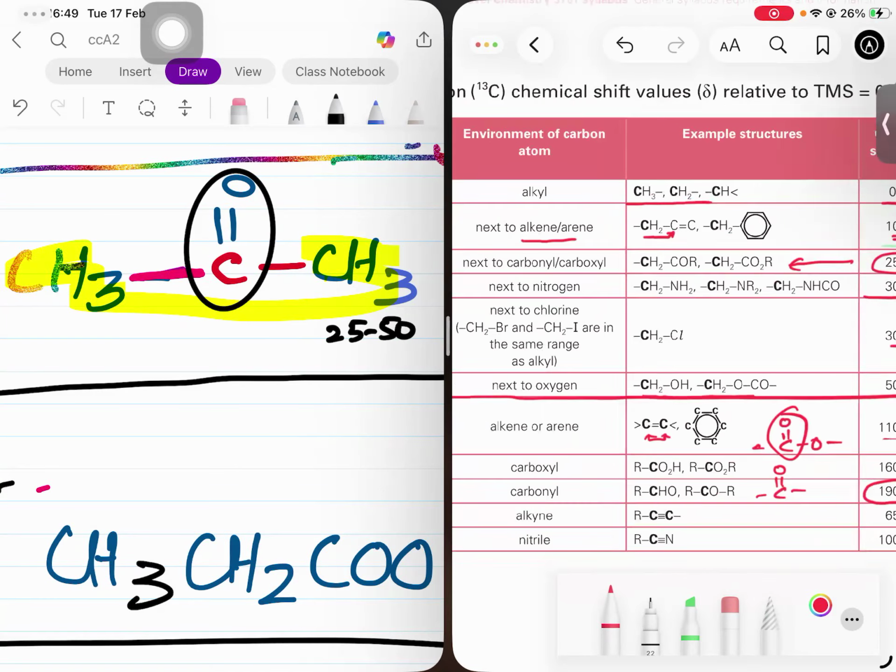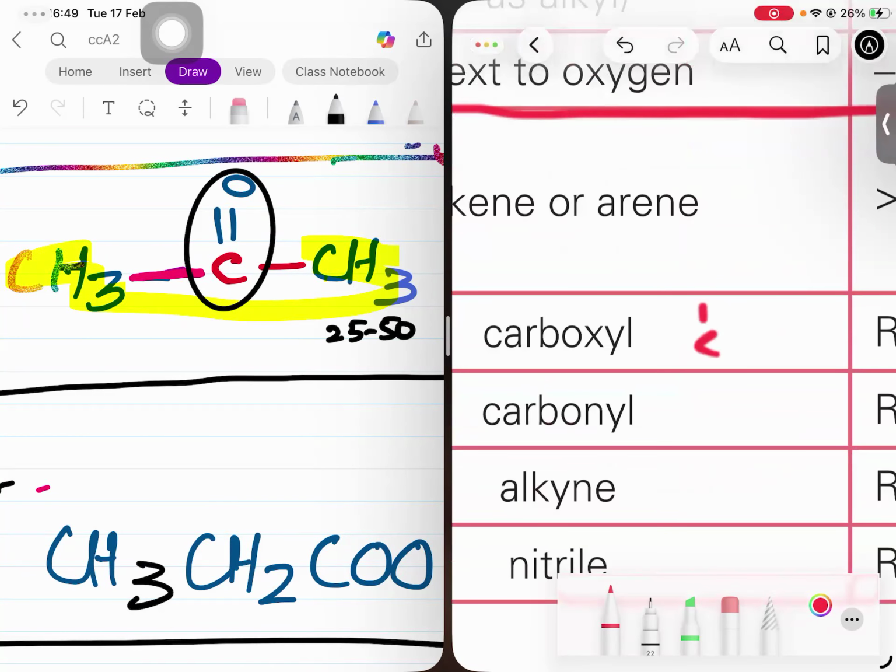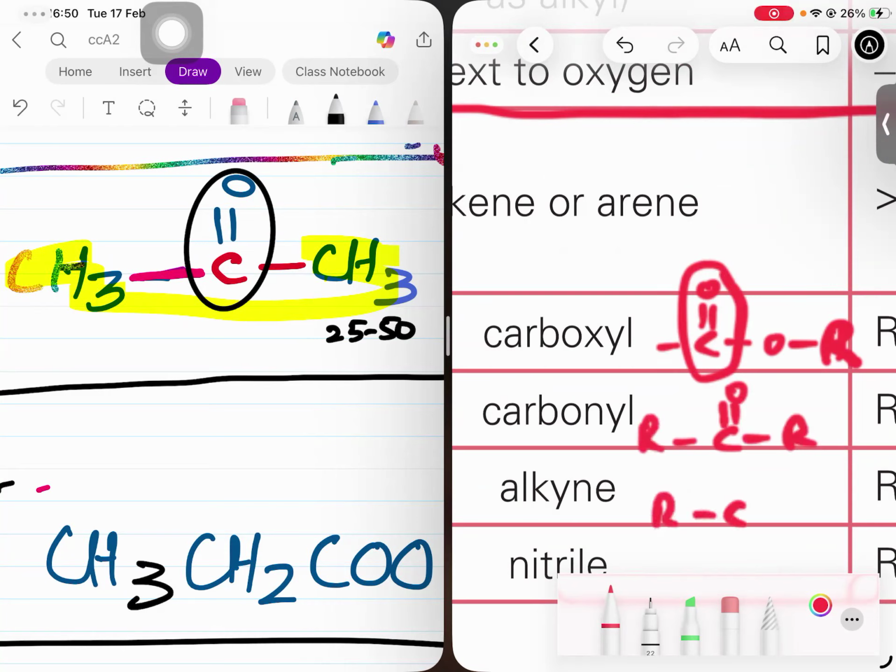They both are C double bond O. This is C double bond O with O. That's carboxyl, could be carboxylic acid or ester. If this is C double bond O next to R, ketone. Or if this is C double bond O next to H, aldehyde. These are known as carbonyl.